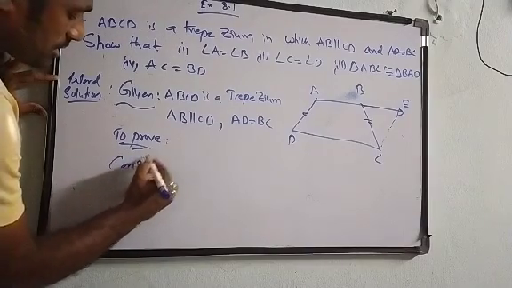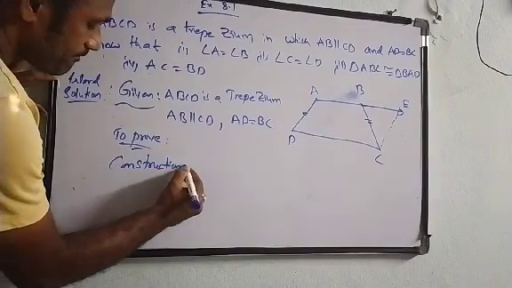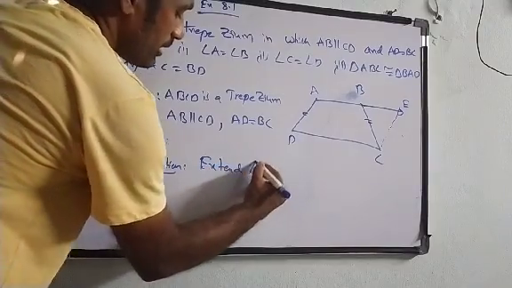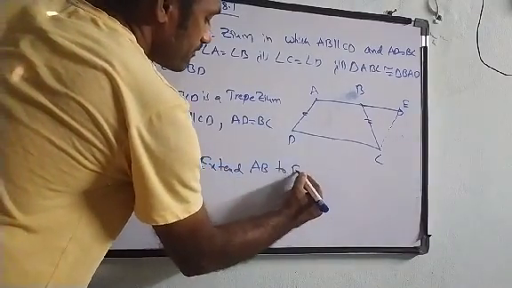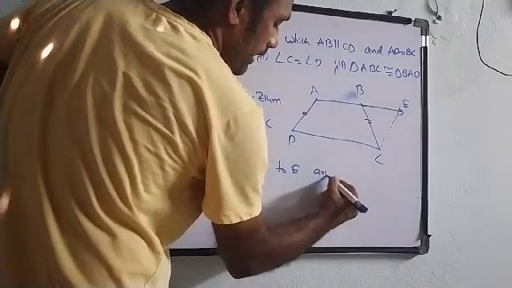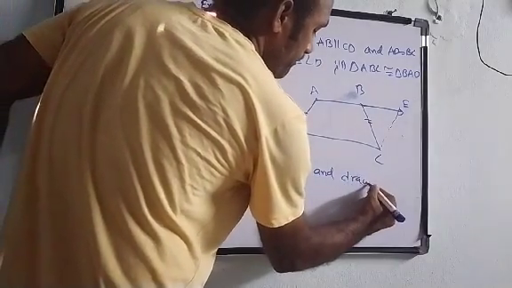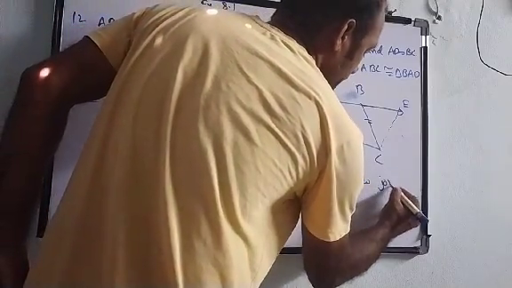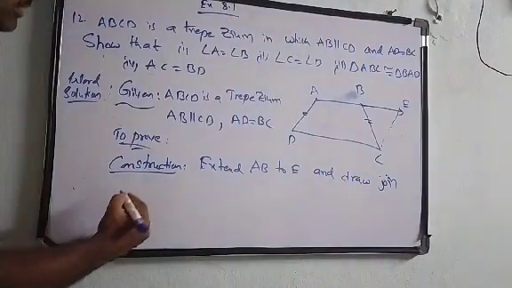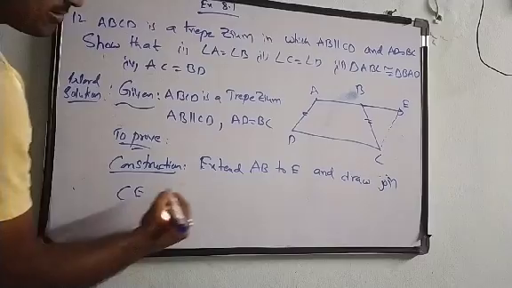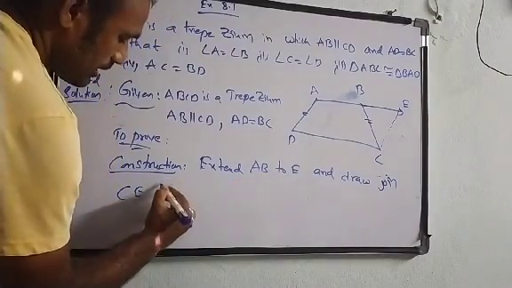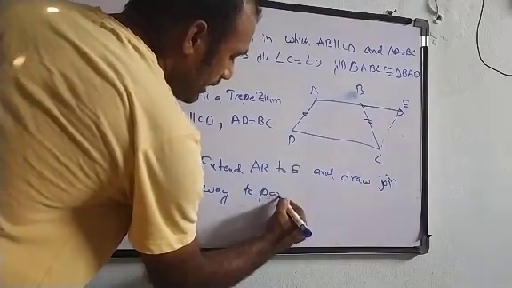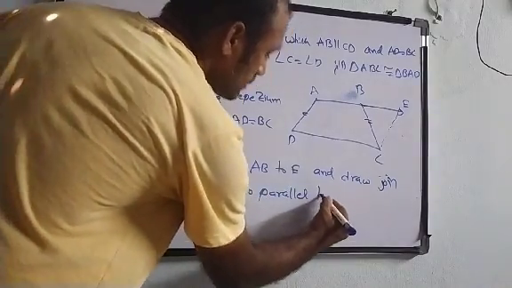So we have the construction here. Extend AB to E and draw a line and join CE in a way parallel to AD.